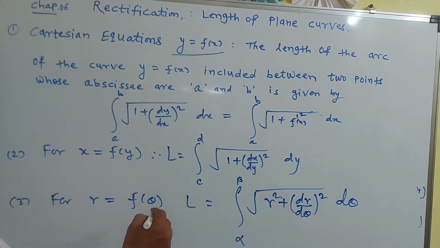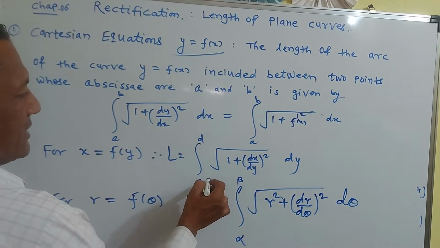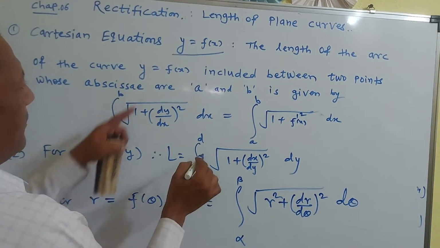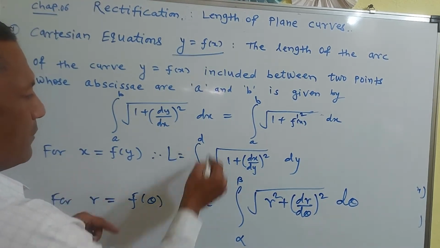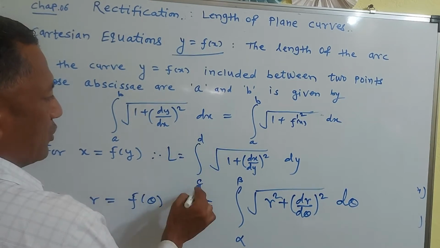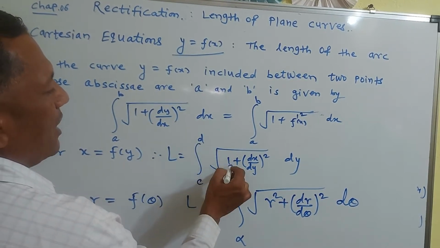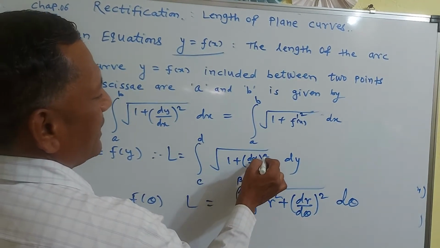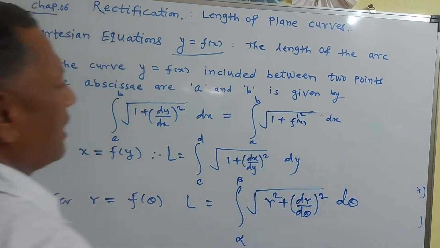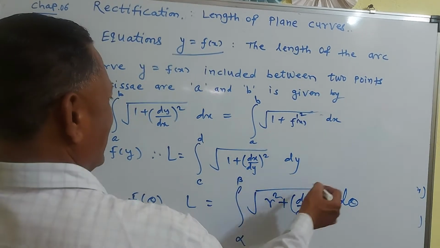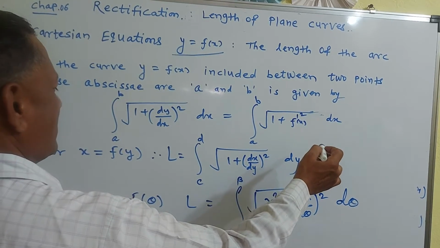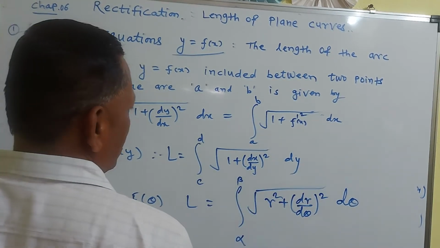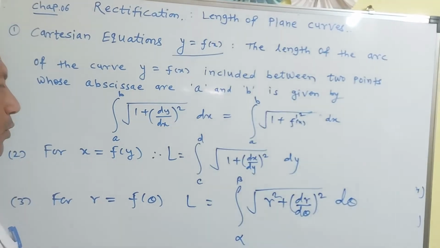Its length is L is equal to integration of, instead of dy by dx, here you find dx by dy. Integration going from c to d root of 1 plus dx by dy square into dy, or integration going from c to d root of 1 plus f dash square, integration with respect to y.